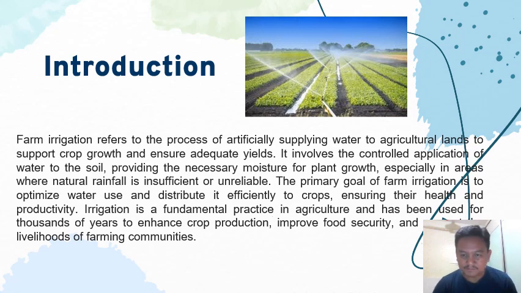The primary goal of farm irrigation is to optimize water use and distribute it efficiently to crops, ensuring their health and productivity. Irrigation is a fundamental practice in agriculture and has been used for thousands of years to enhance crop production, improve food security, and support the livelihoods of farming communities.